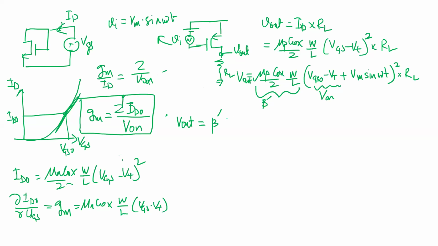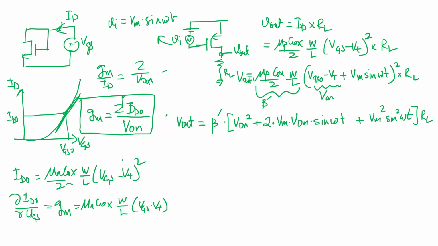So then that will be what? V on square plus 2 times Vm times V on sine omega t plus Vm square sine square omega t, right? So I'm just taking that square term and expanding it.